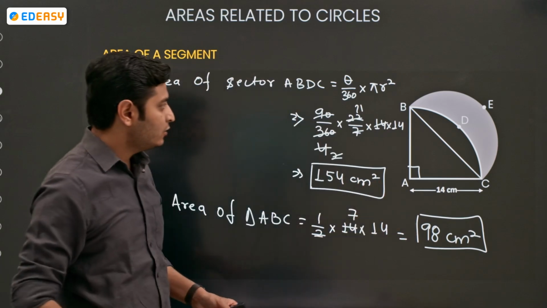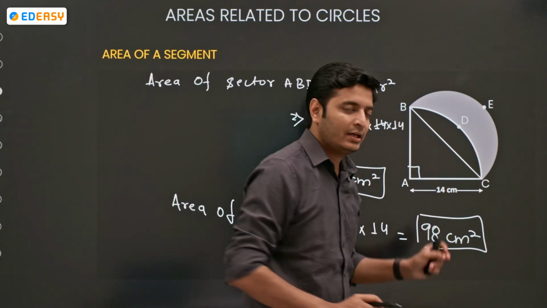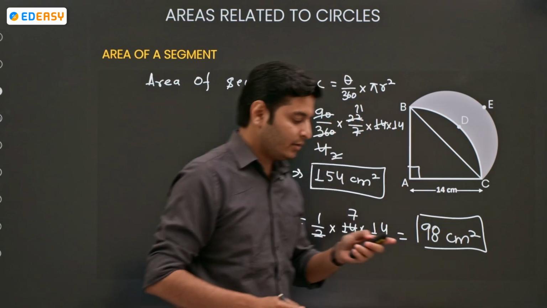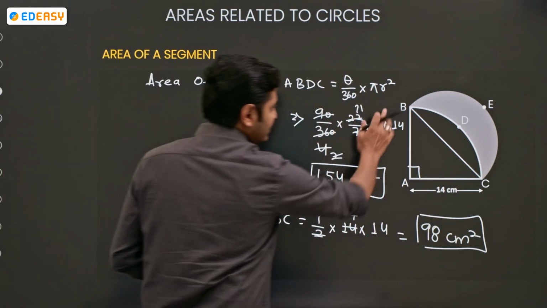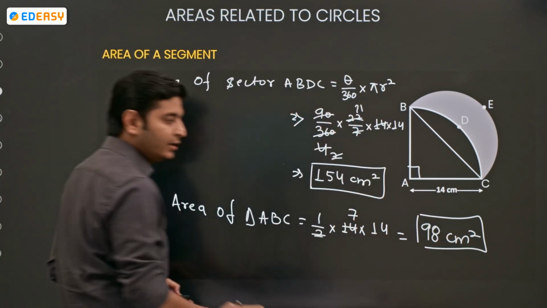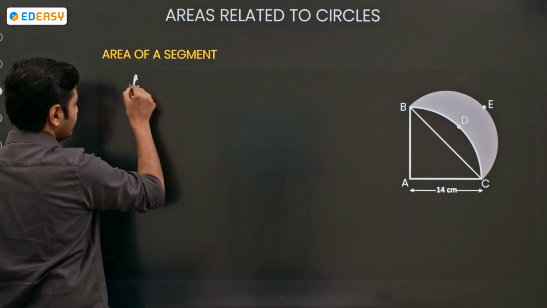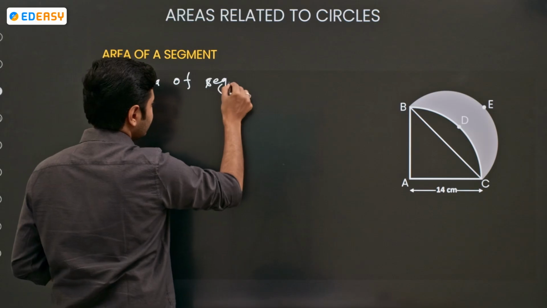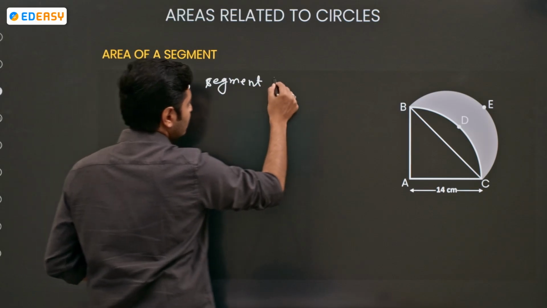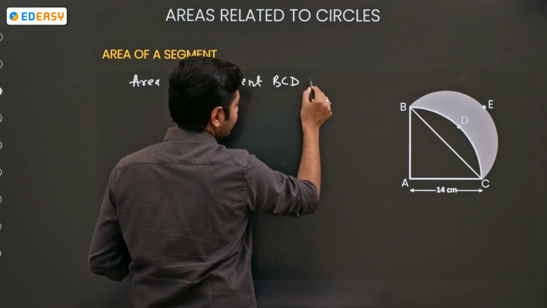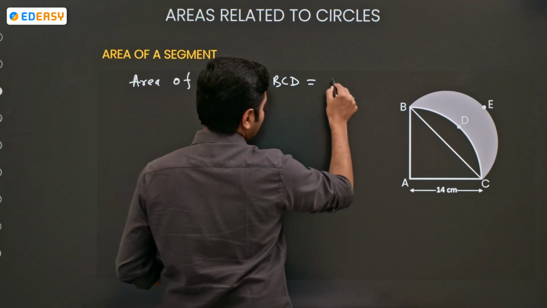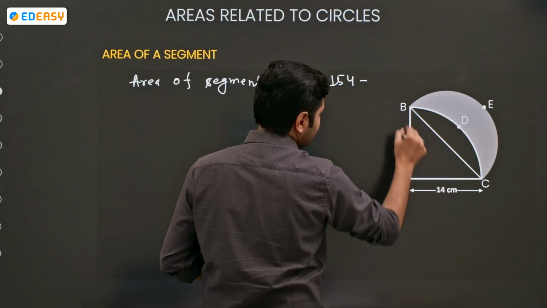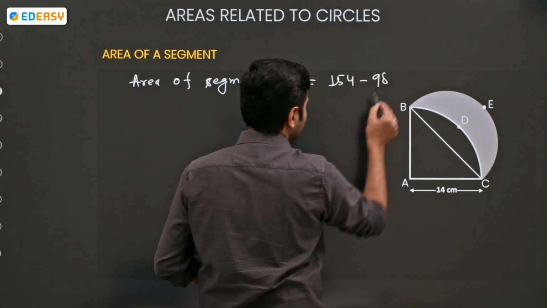Now we know the area of these two things, correct? So we can easily find the area of the segment BCD, correct? So the area of the segment BCD would be 154 minus 98. Area of segment BCD is equal to 154, the area of this sector, minus the area of this triangle, 98.